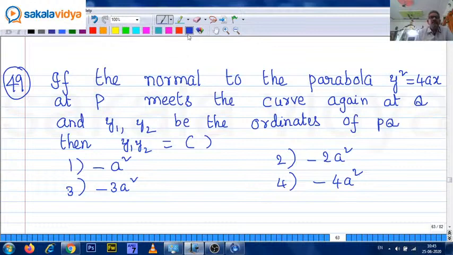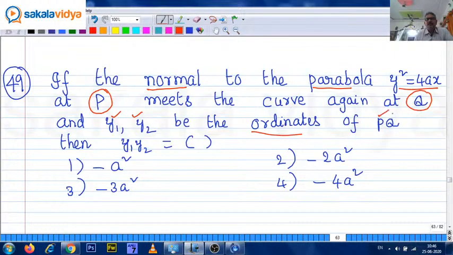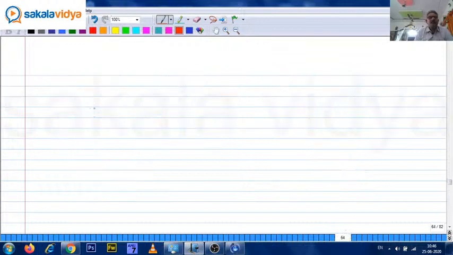Let me read the question. The normal to the parabola y square is equal to 4ax drawn at P meets the curve again at Q. If y1, y2 are the ordinates of P and Q, we need to find the product of the ordinates. This is the solution for 49.